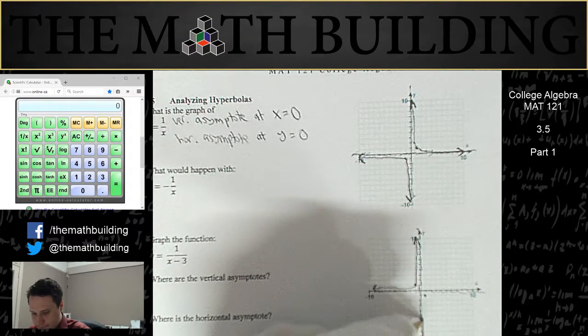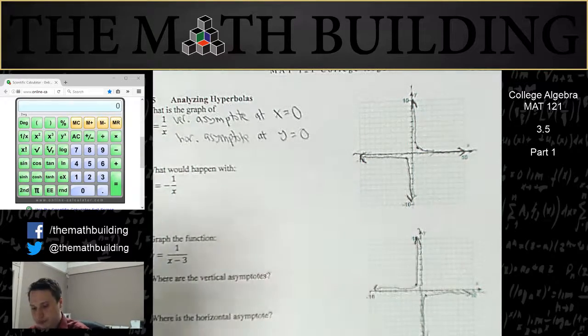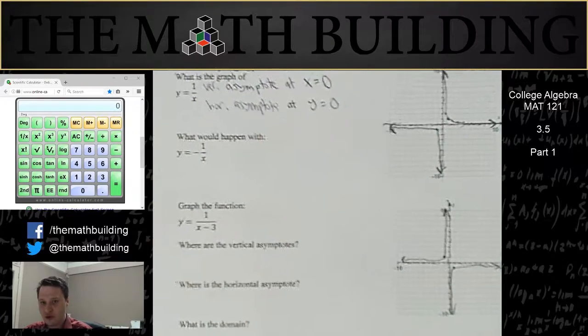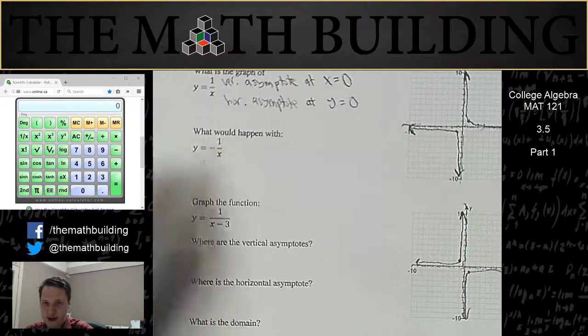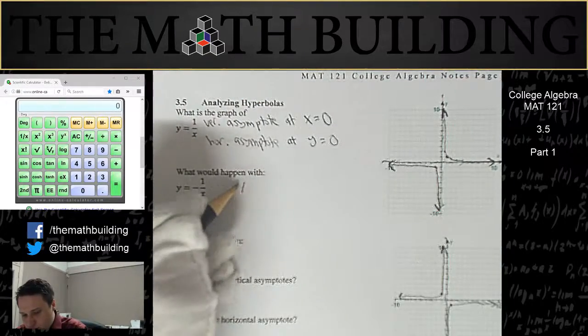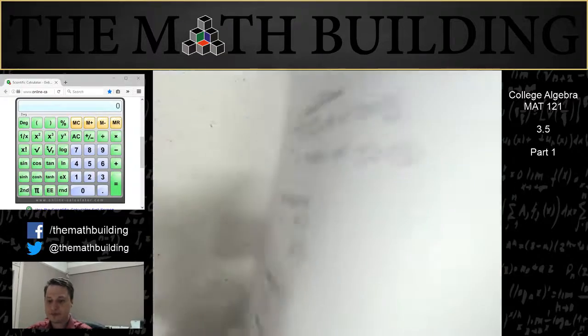So there you go. You're in the second and the fourth quadrants for the graph y equals negative 1 over x. Also, again, notice that the vertical asymptote will be x equals 0 and the horizontal asymptote will be y equals 0.